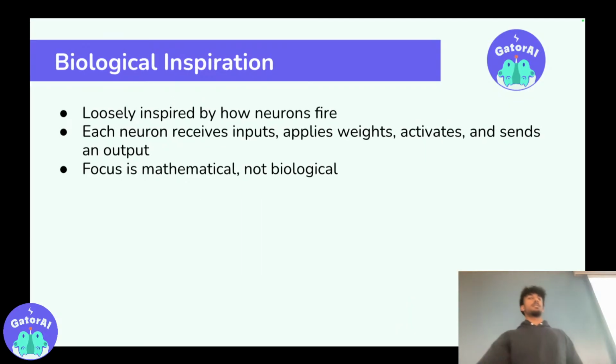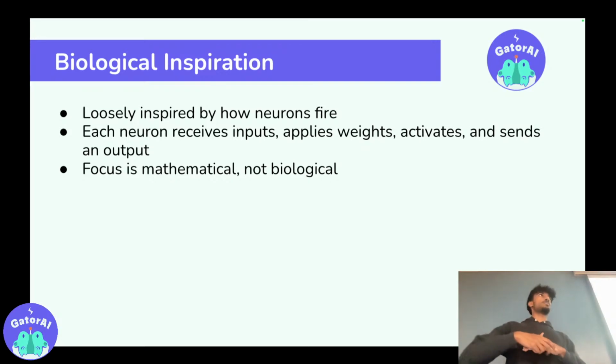All right. So neural networks are loosely inspired by our brains, but we use math in this case instead of biology. In our brains, every neuron receives signals from others. It sums them up and decides whether to fire. In machine learning, our neurons do the exact same thing, but mathematically.